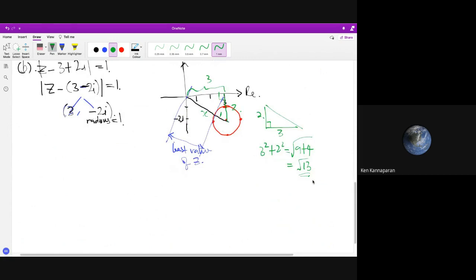If the whole thing is square root of 13, therefore the least value of modulus z to the locus is square root of 13 minus 1. Very good. That's it.